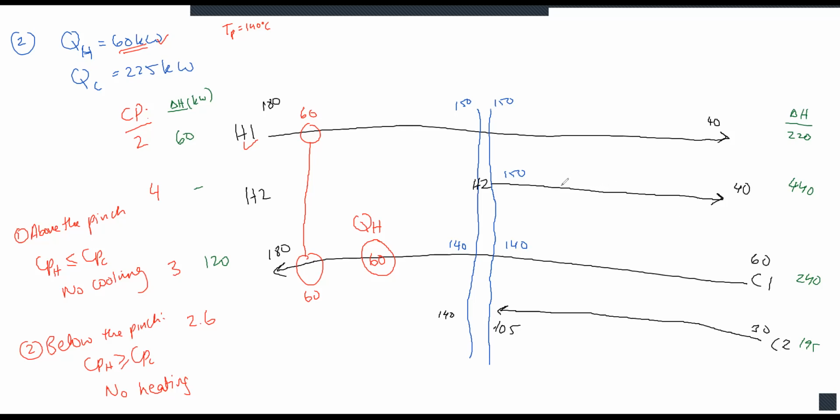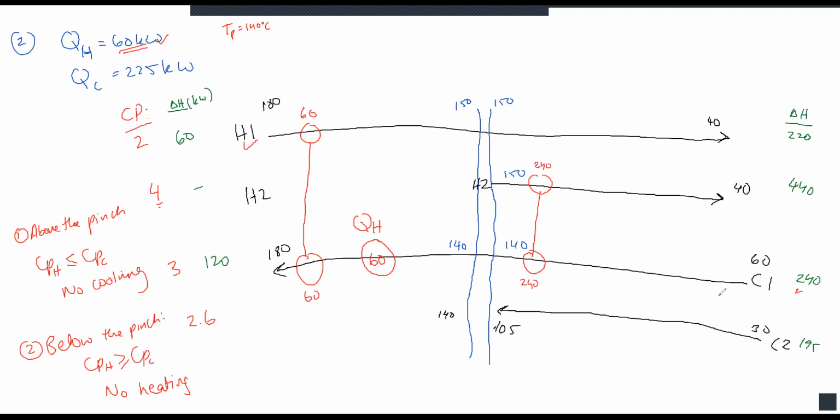So let's have a look at H2. H2 has a CP of 4. So let's have a look at H2 to C1. Is 4 greater than 3? Yes. So the CP of the hot is greater than the CP of the cold. So I'm going to connect them and transfer some heat. So the C1 needs 240. H2 has 440. So I'm going to transfer 240 from H2 to C1.